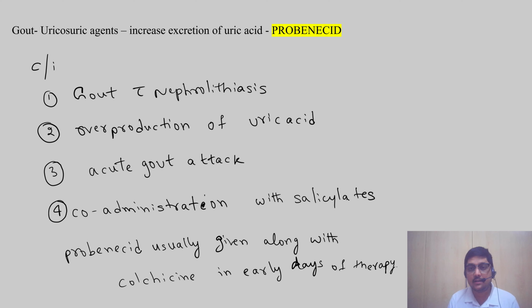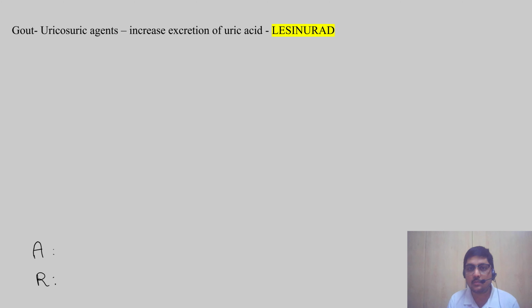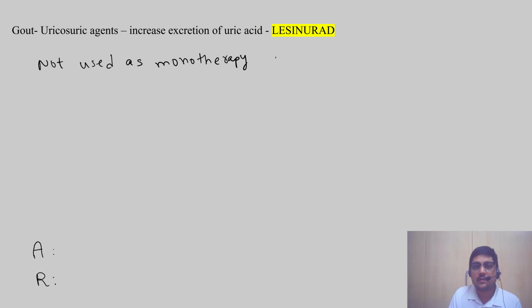Okay, and what are the important points which we should remember about lesinurad? Regarding lesinurad, the first thing we should remember is it is not used as monotherapy. Lesinurad should not be used as monotherapy. The common recommendation is to combine lesinurad with xanthine oxidase inhibitors, allopurinol or febuxostat.